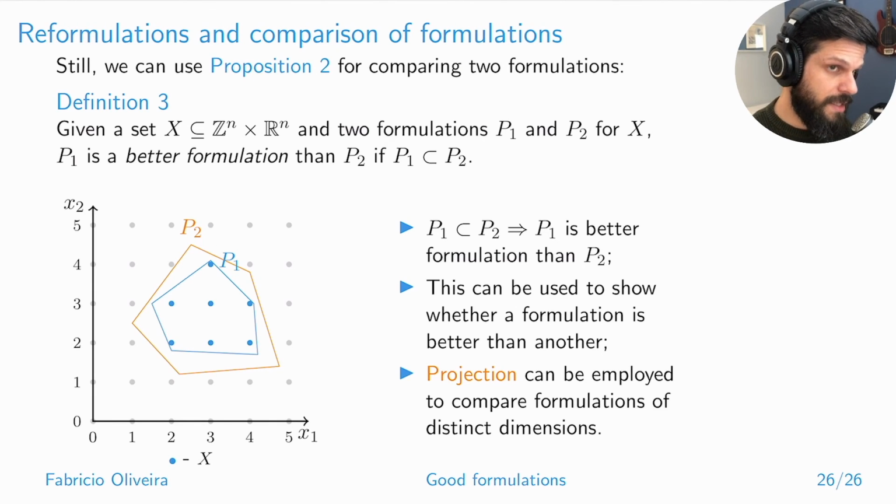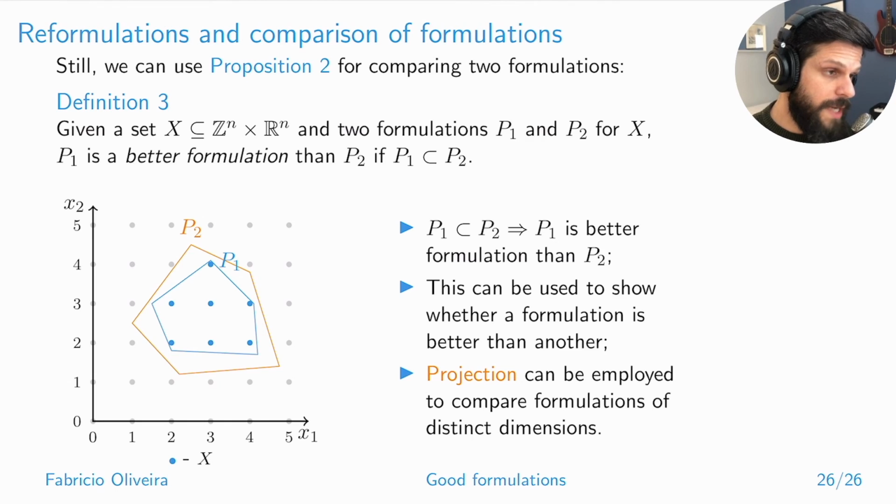So basically in this case, what you have to do is try to bring the two sets to a common set of dimensions. And you do that by means of projection. Say P1 had an extra variable that is not present in P2. You have to project P1 on the variables that are available in P2 so you can compare them.